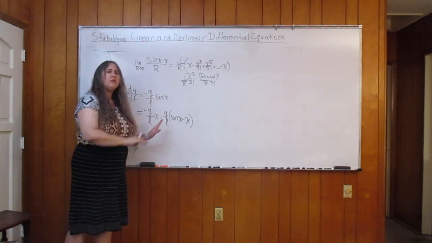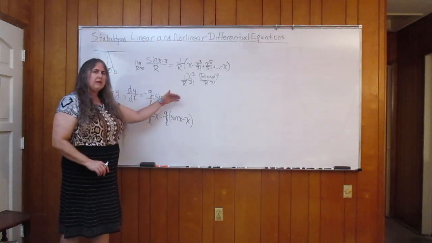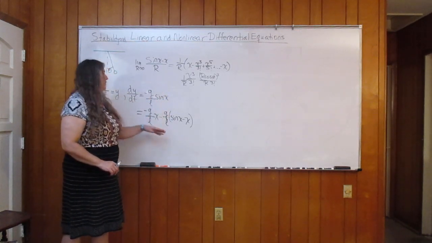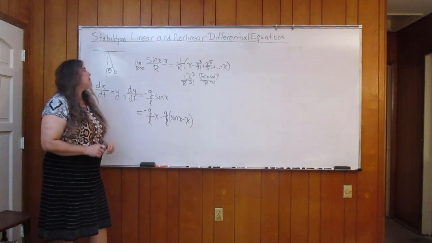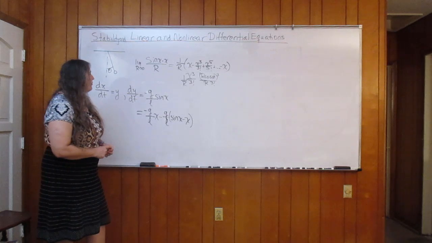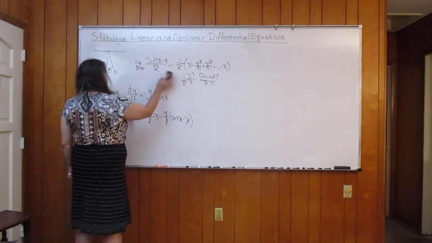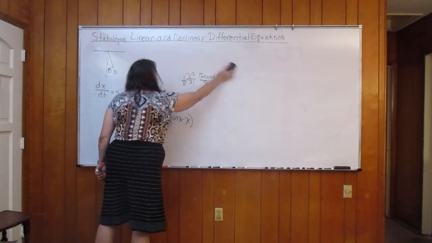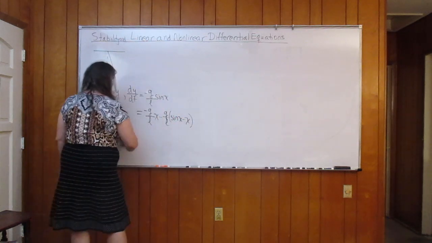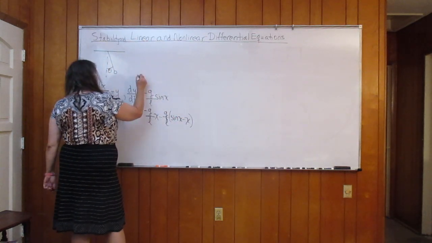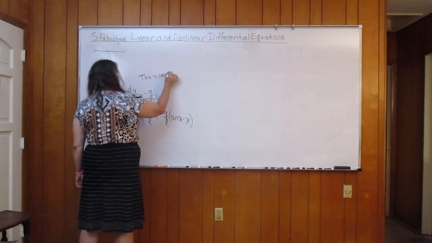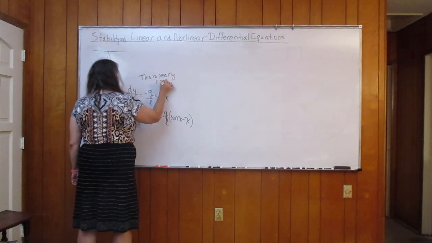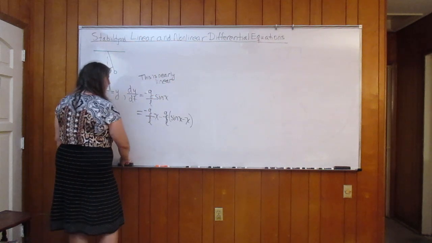So I can use information about the linear system to figure out what's going to happen with this nearly linear system. So this is nearly linear.